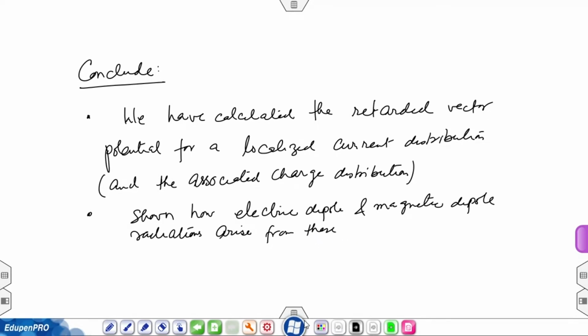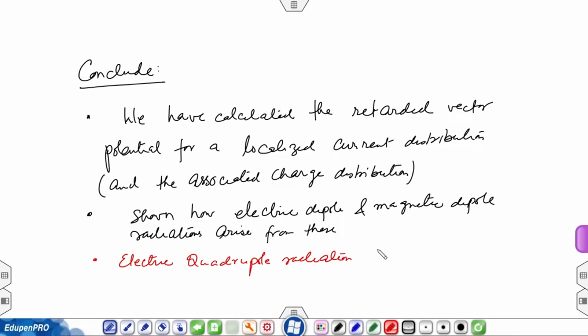What we have not done is the electric quadrupole radiation. Thank you.